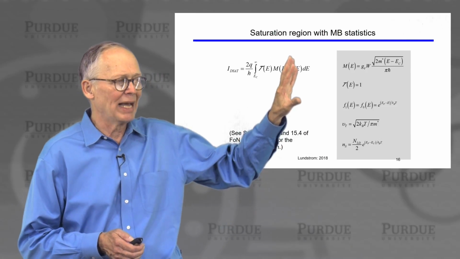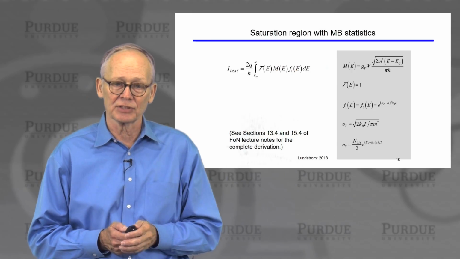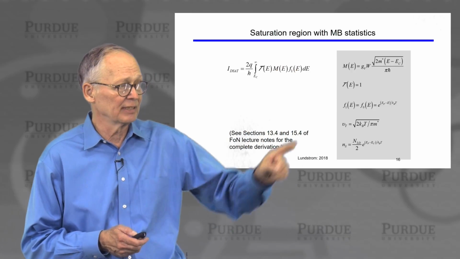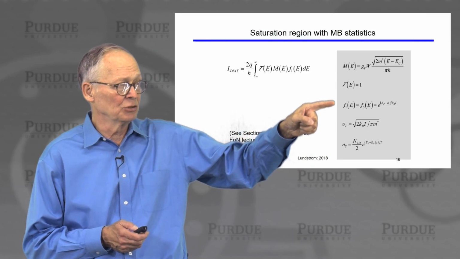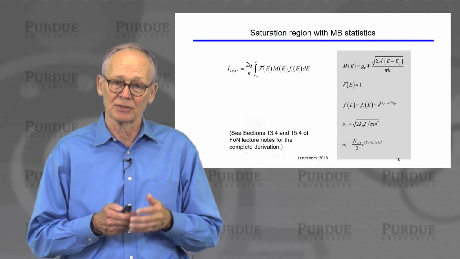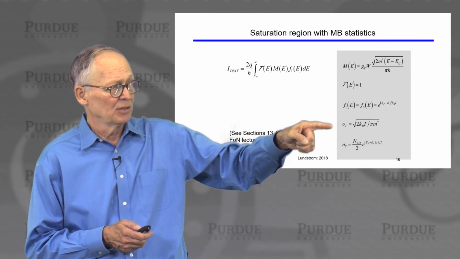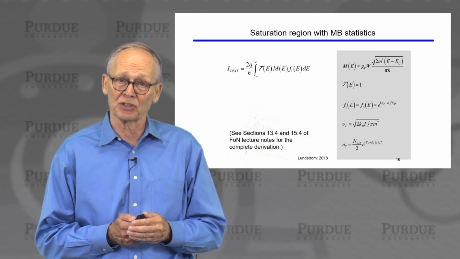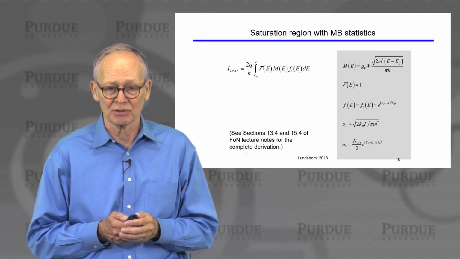Okay, so now we can go back to working out this integral. We know the number of channels versus energy for two-dimensional electrons. We're ballistic, so transmission is equal to 1. We're going to assume non-degenerate statistics, so the Fermi function simplifies to an exponential. We're going to see that this unidirectional thermal velocity is involved when we collect up constants after we do this integral.